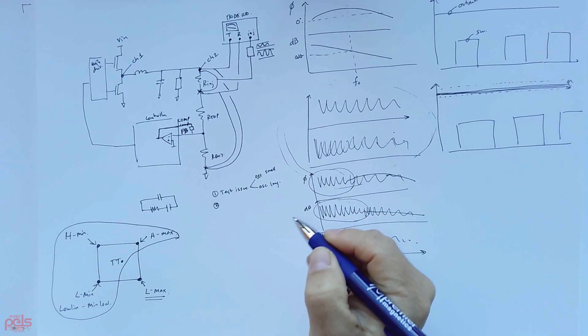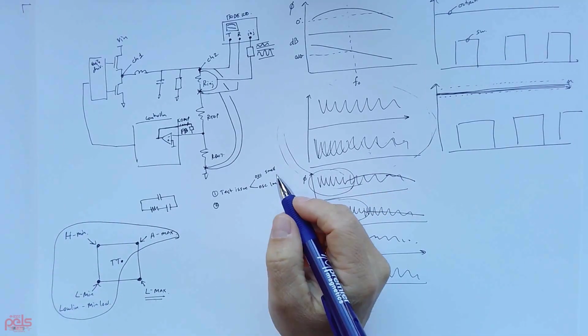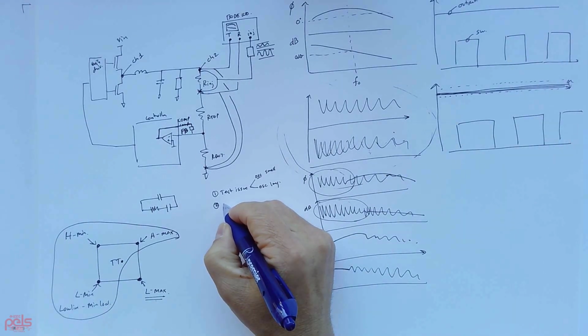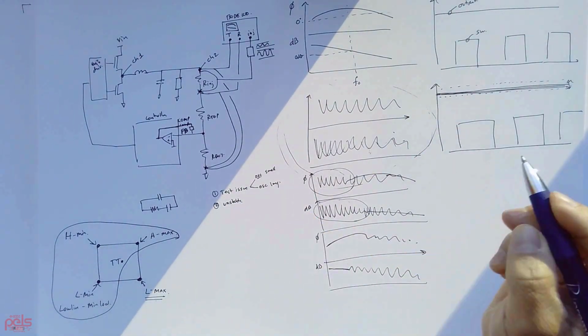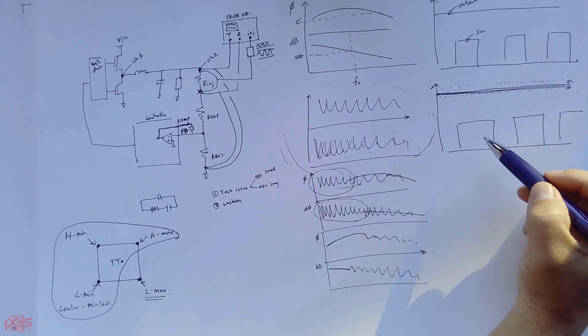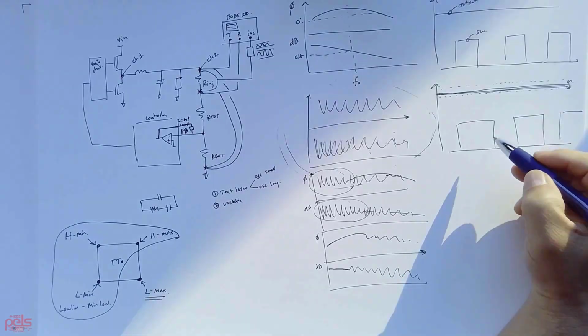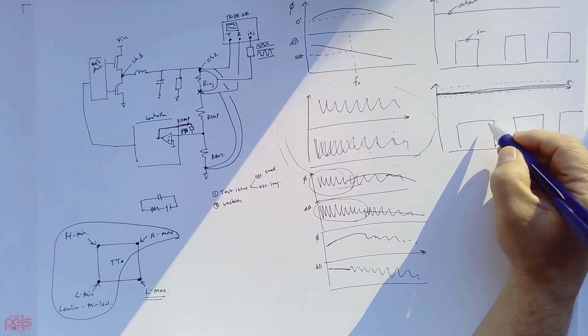Another reason you might be getting this type of behavior is that maybe your power supply is unstable. And if it's unstable, then you're not only going to be getting noise, but your switching node may be jittery.